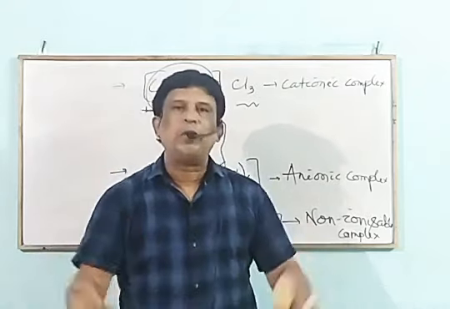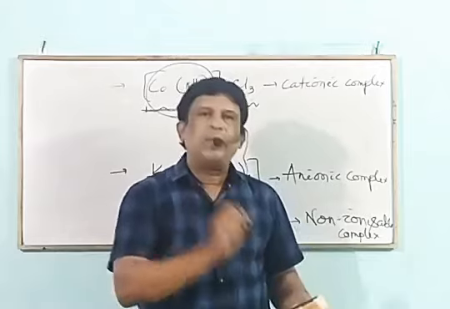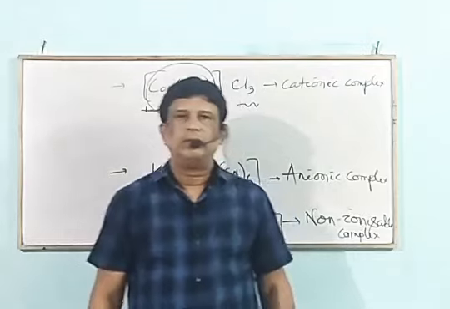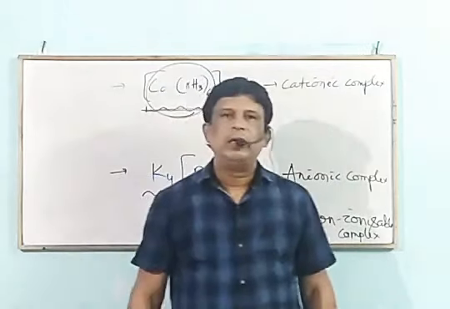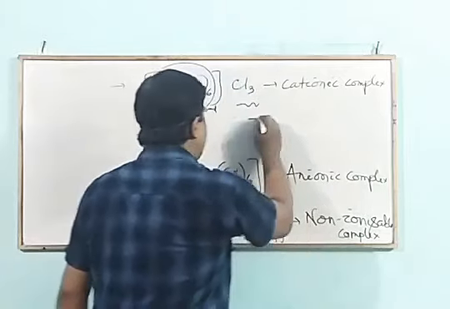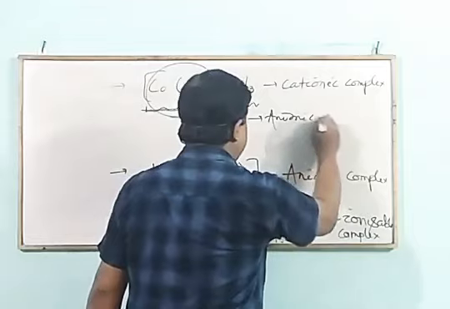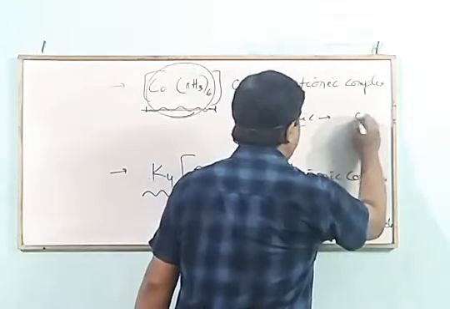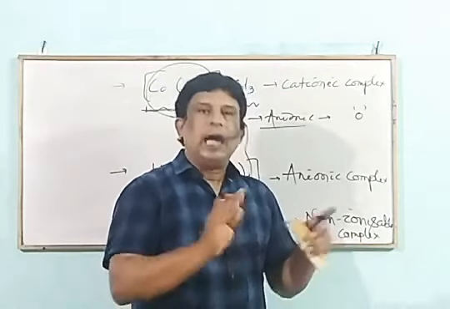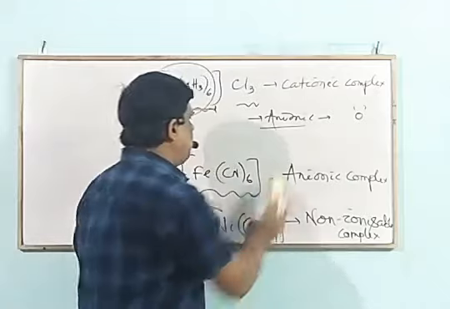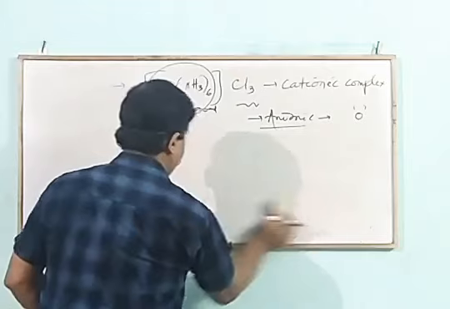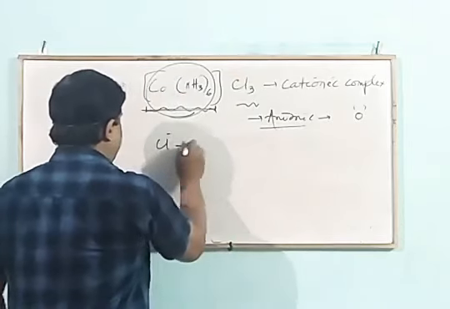If more than one type of ligand is there, no problem. The names of the ligands are given in alphabetical order. I repeat again, three types of ligand. Come to point one: if an anionic ligand is there, then its name ends with O. Whatever may be its name, for an anionic ligand it ends with O. For example, Cl minus.